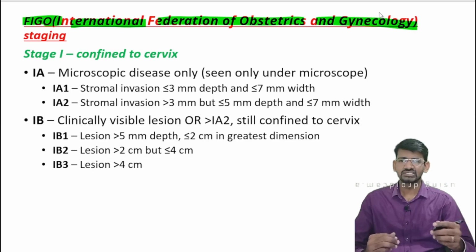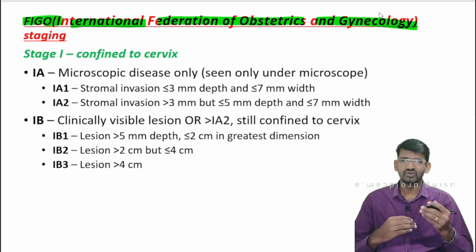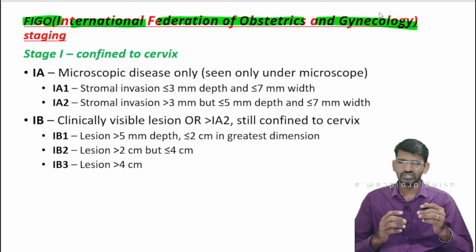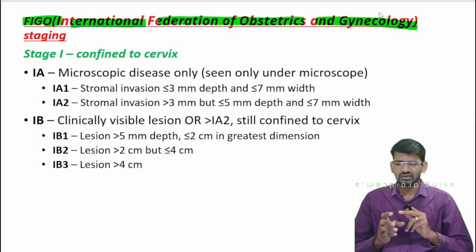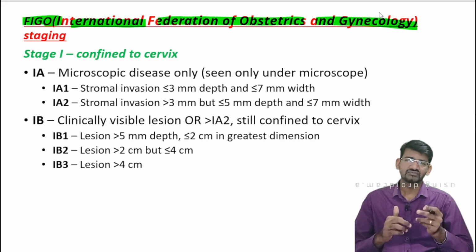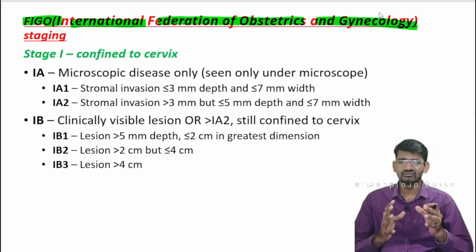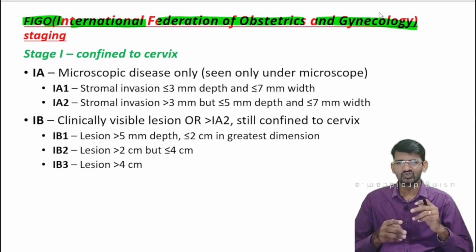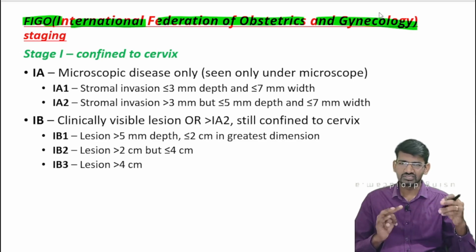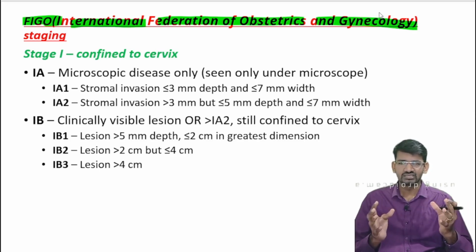The basic considerations under the FIGO staging method: they consider the tumor size and the extent of the tumor, whether it is confined to a particular area or extended to other areas, and the location of the tumor.